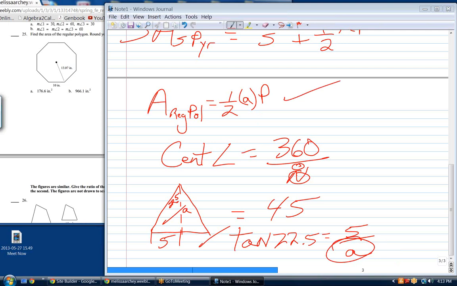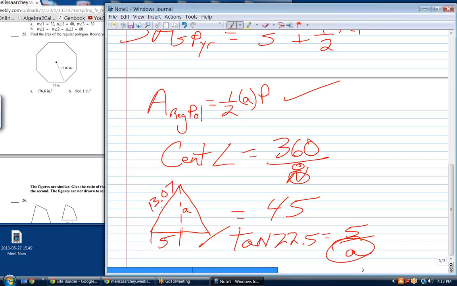Interesting that they even gave us the 13.07. We don't need it. Notice that had I incorporated it, though, that makes this ignore the central angle. You don't need it in this case because they've given us the hypotenuse of that triangle.